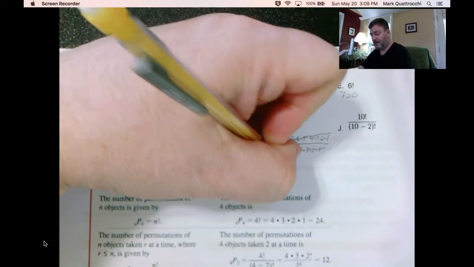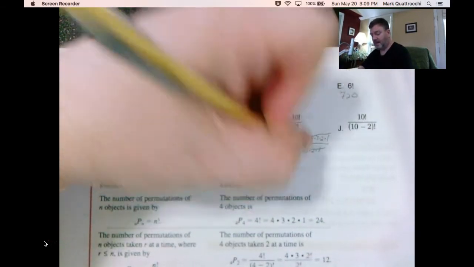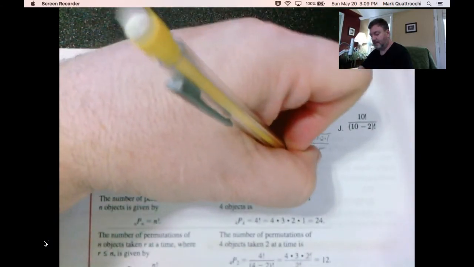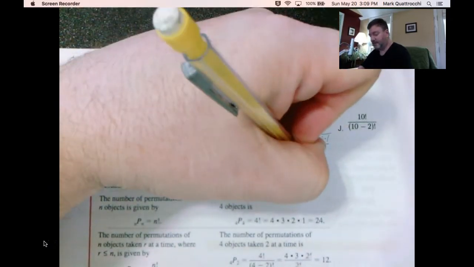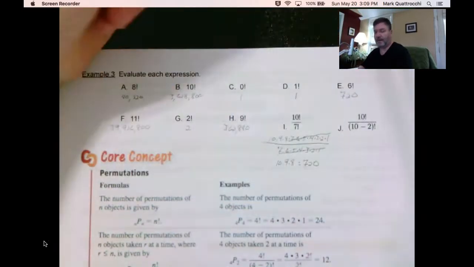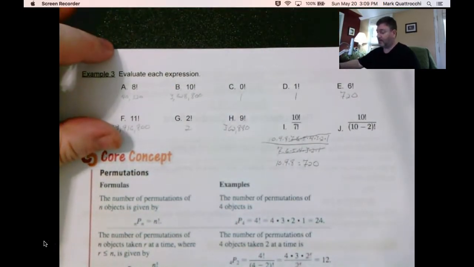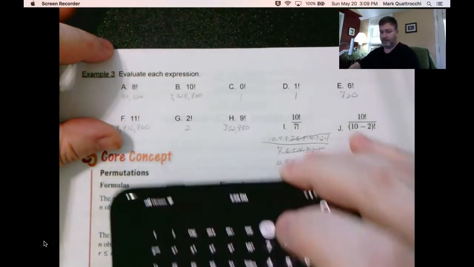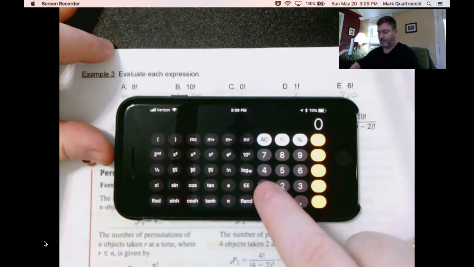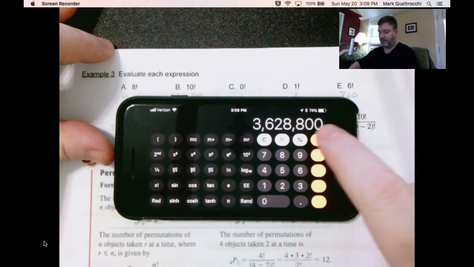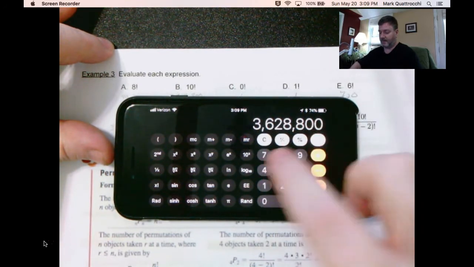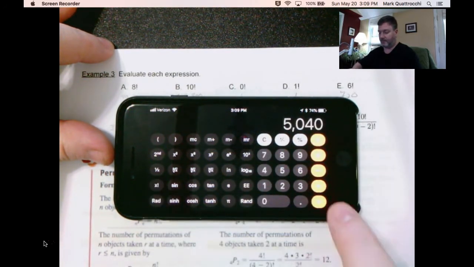So we have 10 times 9 times 8 left. 9 times 8 is 72, times 10 is 720. So again, you can do that on your calculator. If we do 10 factorial divided by 7 factorial, we do get 720, which is the same answer as we got a second ago.